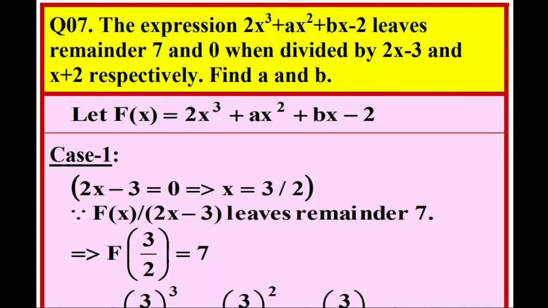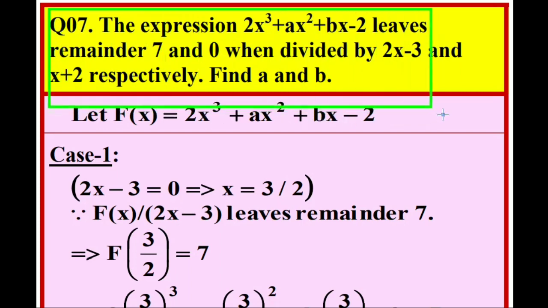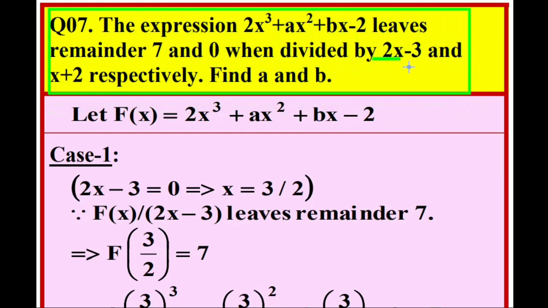Let's take another question. The expression 2x cube plus ax square plus bx minus 2 leaves a remainder 7 and 0 when divided by 2x minus 3 and x plus 2 respectively.